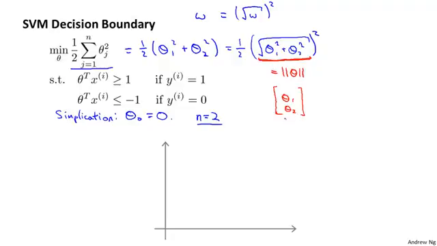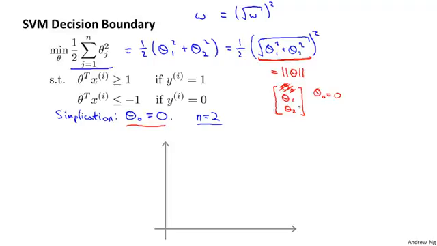In fact, this is actually equal to the length of the vector theta, whether we write it as theta 0, theta 1, theta 2, that is if theta 0 is equal to 0, as I assume here, or just the length of theta 1, theta 2. But for this line, I'm going to ignore theta 0. So let me just write the norm of theta as this, theta 1, theta 2 only.